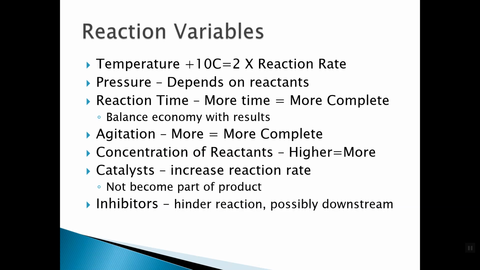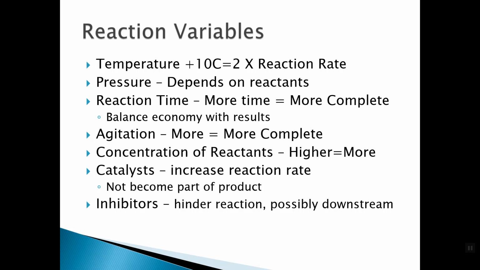So what makes this change? What do we have to be able to either enhance or decrease the reaction quality? And what we have here is the list of reaction variables. Temperature is a very important reaction variable. Every 10 degrees Celsius that we go up, we increase the reaction rate by 2 times, which means that's going to happen twice as fast.